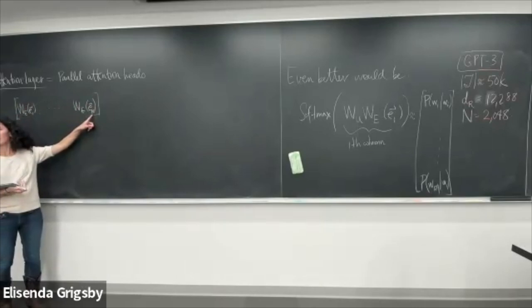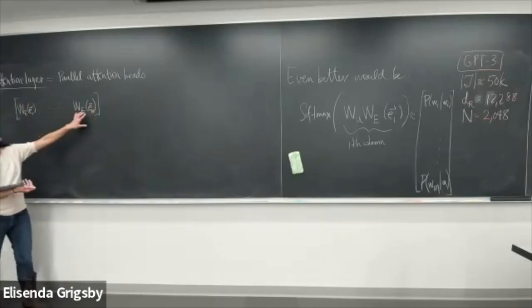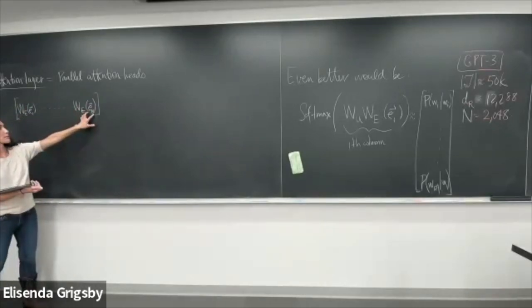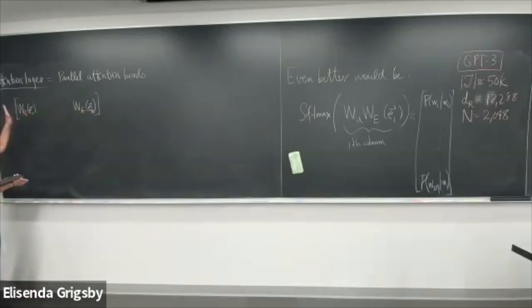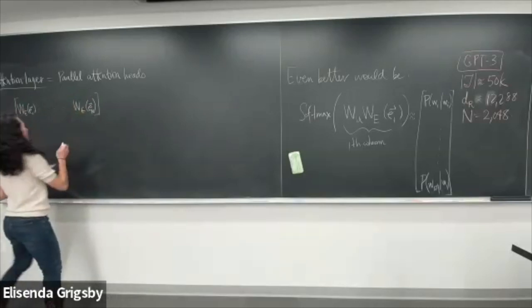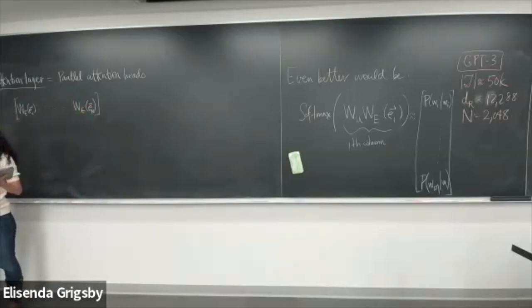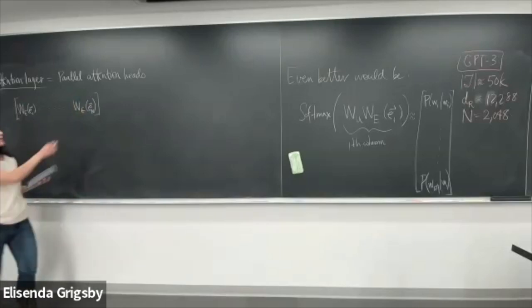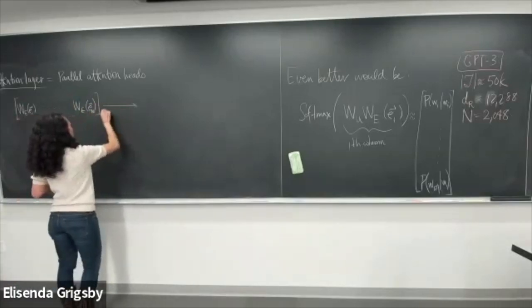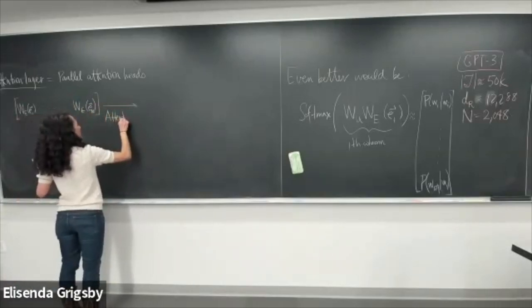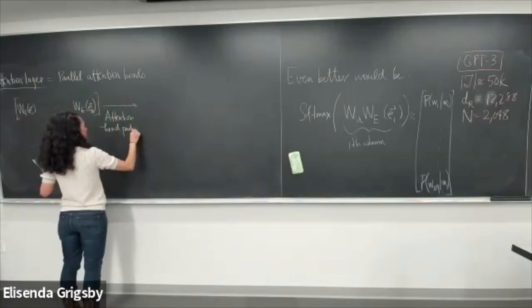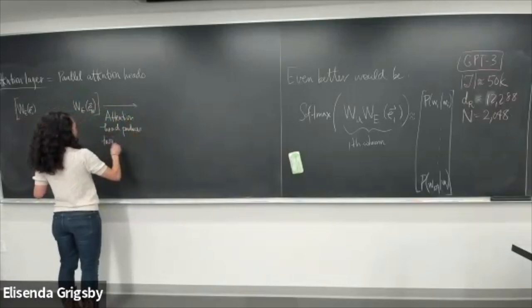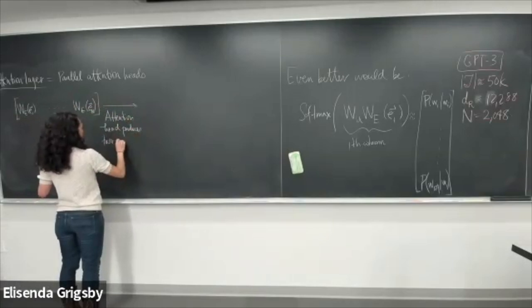If your context is size n, then you have a bunch of these tokens that have been embedded in this residual space, and these are now the columns of this matrix. This is the input to the head. And the job of the attention head is to produce two pieces of information. So the attention head produces two mathematical objects.